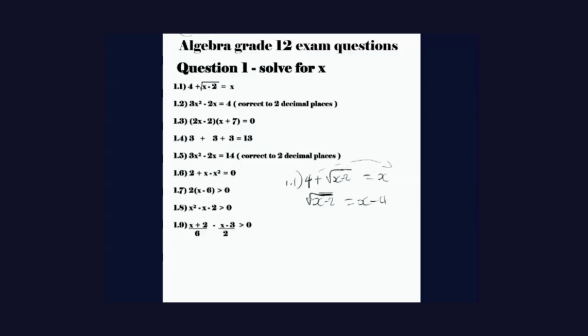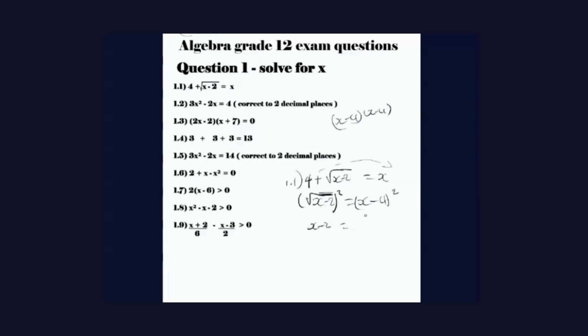We have to remove this square root. We know that we're going to do to the power of 2, so that we may remove the square root. So from here we're going to be left with this thing, and here we have to factorize this thing.